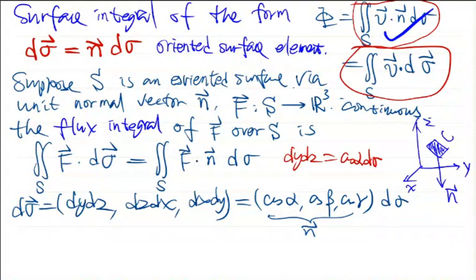Cos α dσ is the projection of this piece of surface element dσ on the yz plane. Therefore, the area of this is cos α dσ. So this is why we denote it by dy dz, because it is the projection to the yz plane.